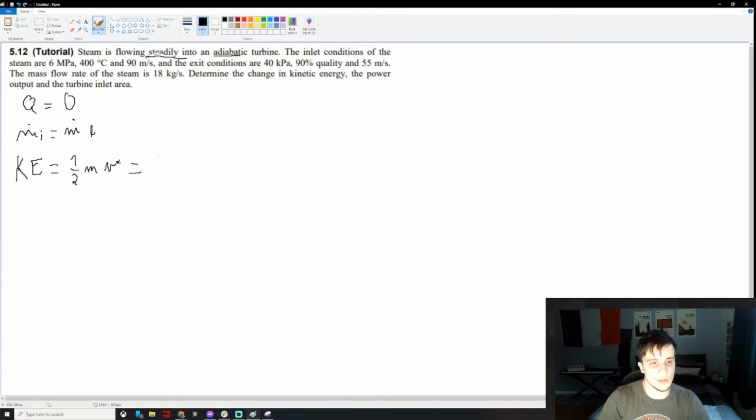And since it's a change in kinetic energy, we're either slowing down or going faster. In this case, we are going slower, from 90 to 55.